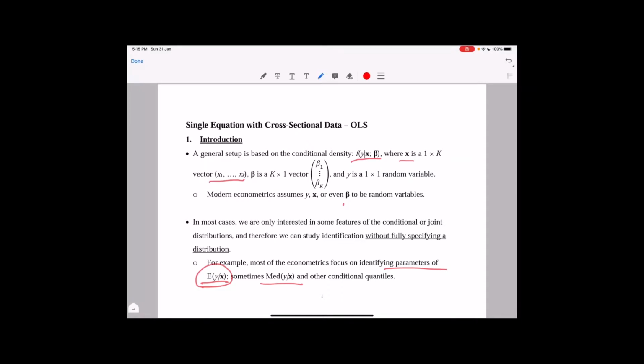In general, we won't know this conditional density, but we are probably only interested in some aspect, like the conditional mean. So we may be able to estimate the conditional mean without knowing the whole distribution. And that's something we call identification. We're going to see that.